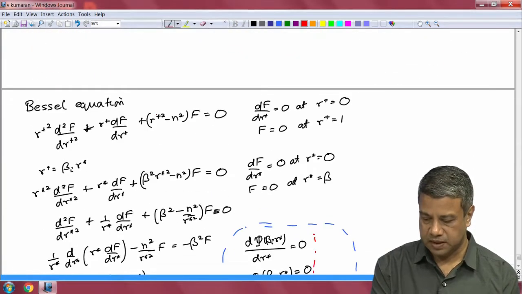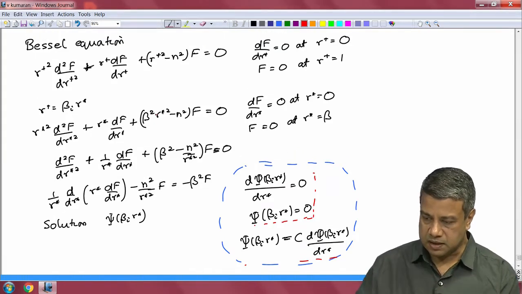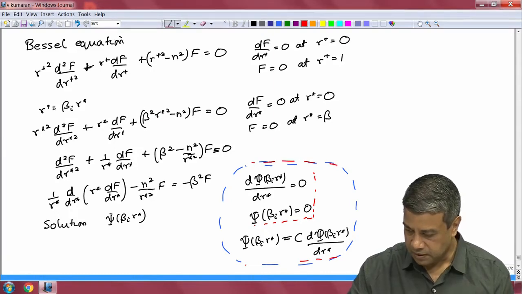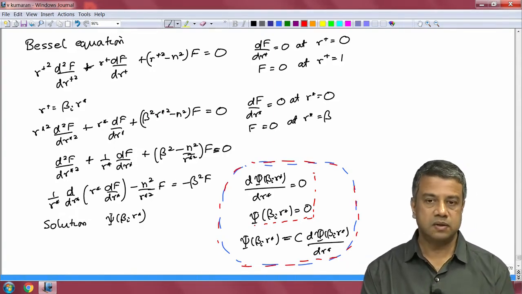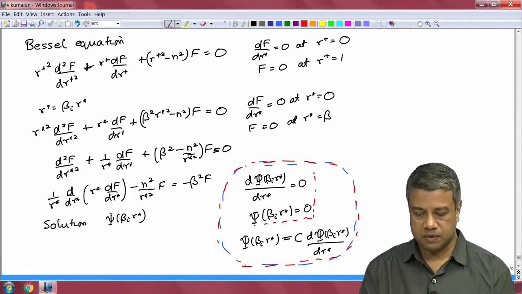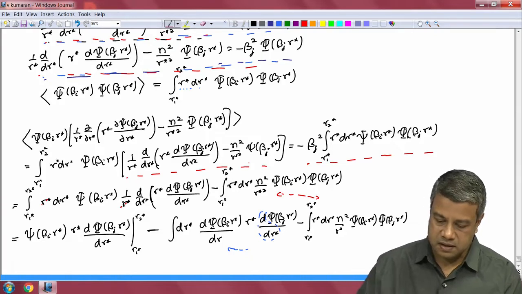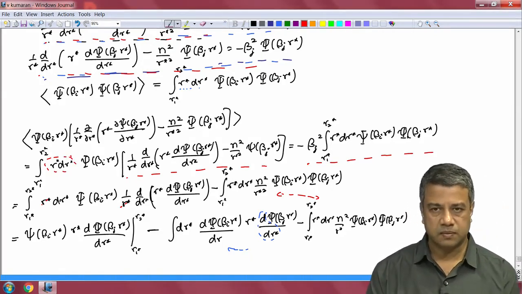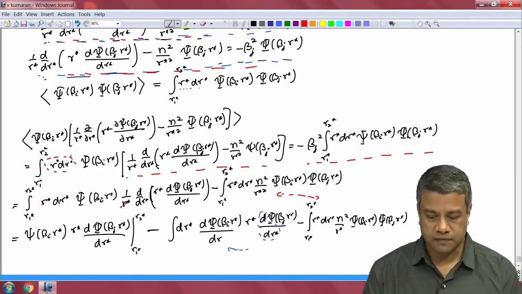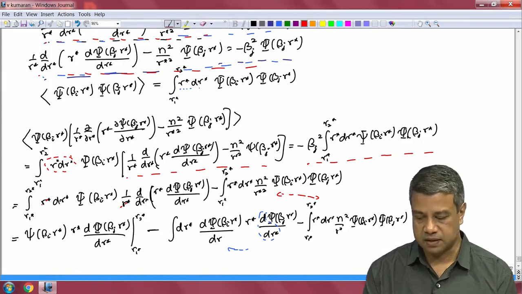I had derived for you why the orthogonality relation works for Bessel functions when the boundary conditions are homogeneous. You can show that when two different functions are multiplied by each other and integrated, in this particular case with the integral defined with respect to r dr, the integral is 0 if i is not equal to j.